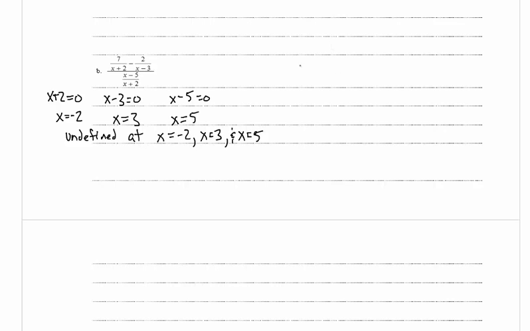And now we want to combine numerator and denominator into one fraction. So in the numerator, my common denominator is going to be x plus 2 times x minus 3.